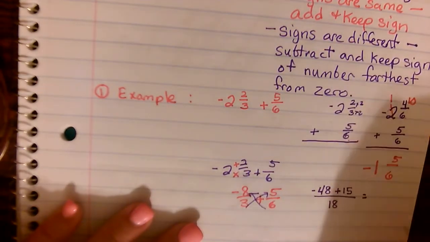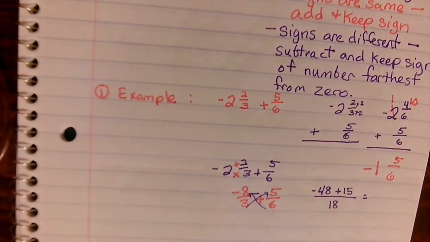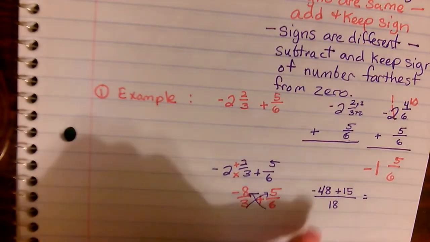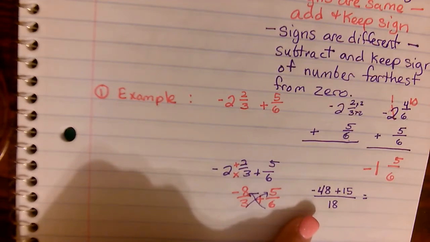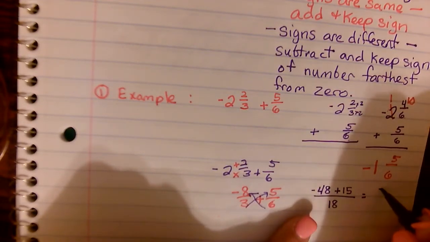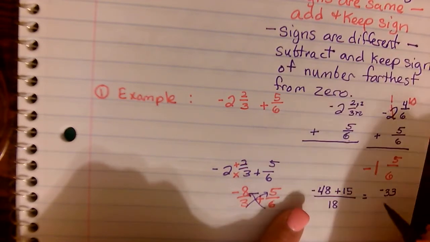Now let's follow the integer rules. The signs are not the same, they are different. Since the signs are different, I subtract. 48 minus 15 is negative 33, because I take the sign of the larger number, over 18.